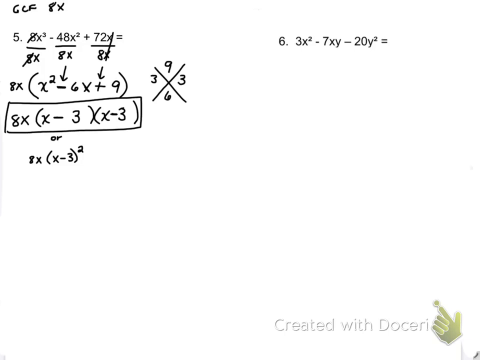So let's start with our x. And remember that what goes in here in the top is A times C. Well, in this case, A is 3 and C is 20. So it's a big number.